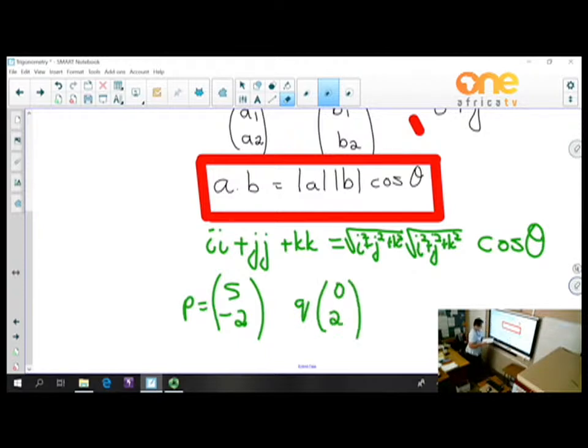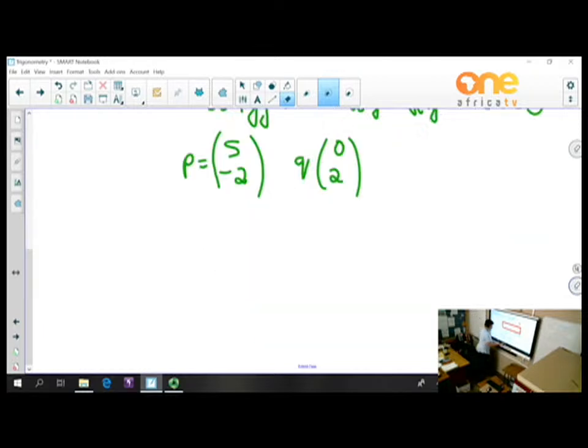So that is our two-column vectors. This is in 2 dimensions, x, y, x, y. Now, what we want to do now is we want to find the angle between these two vectors. So this is the vector P, this is the vector Q, and we want to find that theta there, that angle. That is the whole purpose why we're going to do it.